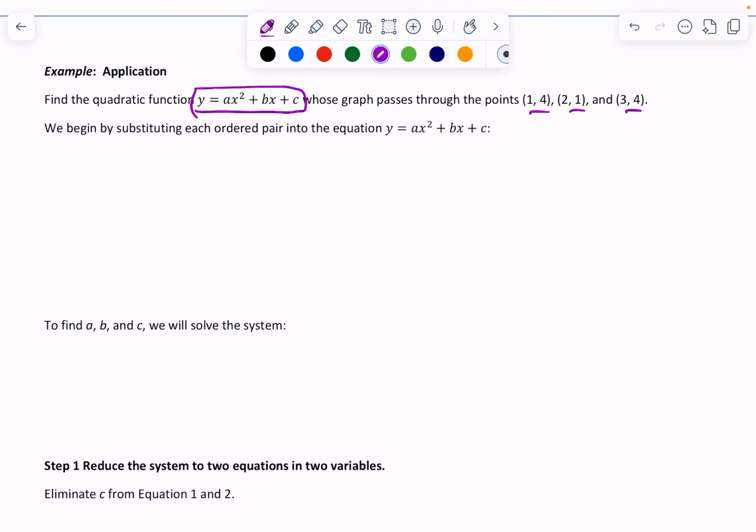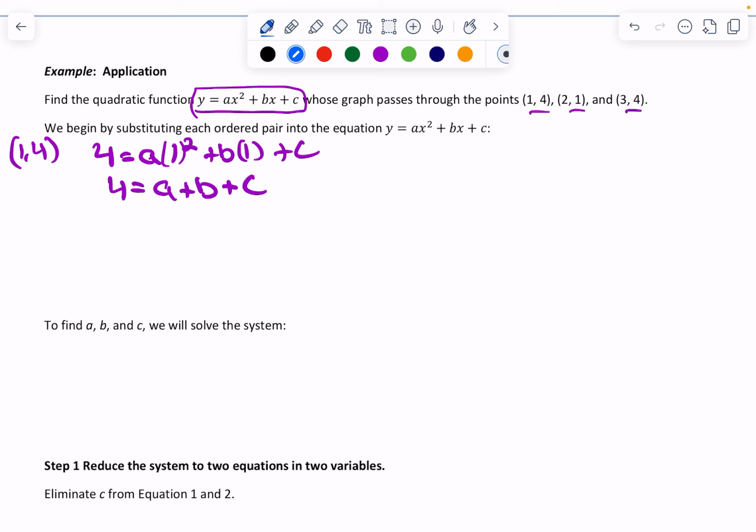So we're going to start with (1, 4). Our y is 4. Our x is 1. So 4 equals a plus b plus c.